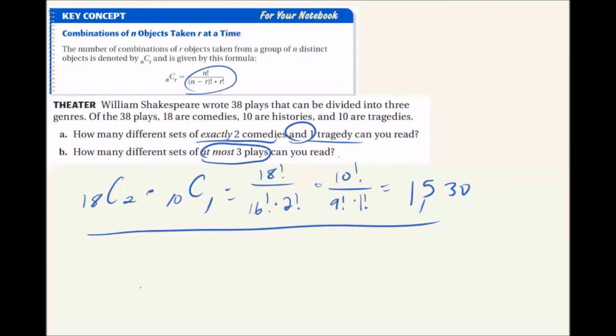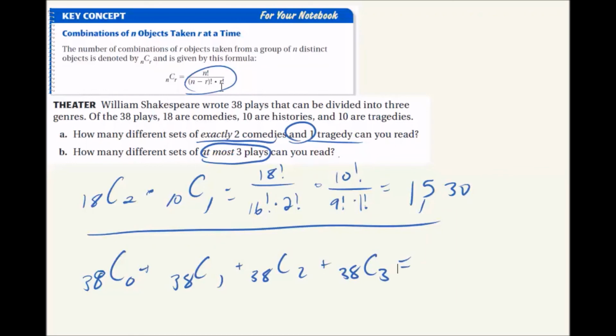Well, if you read 0 different plays, out of the 38, you're choosing 0. Plus, out of the 38, you're going to choose 1. Plus, out of the 38 you choose 2. Or out of the 38, you choose 3. So we're going to really add all those possibilities together.